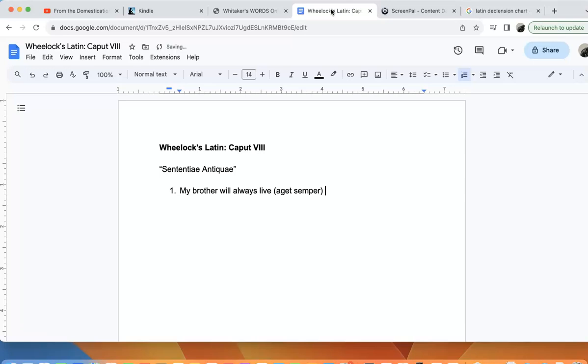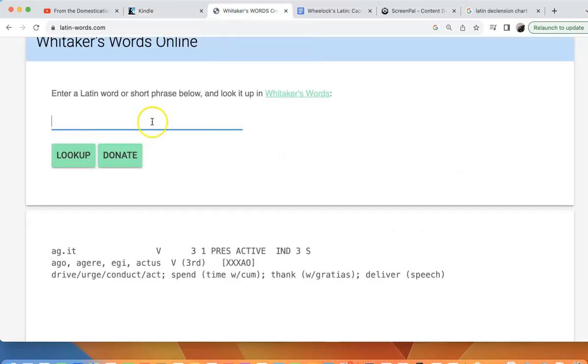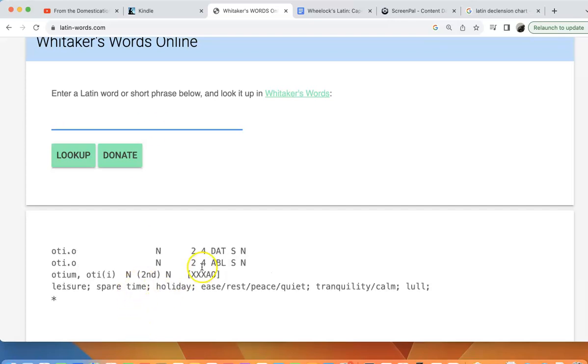Will always live a life of leisure, even though the grammar in the Latin says in leisure, because otio, we do have a word in English, otiose. Again, I think we've had this word before, but this is going to be dative. And so also, I guess, ablative as well.